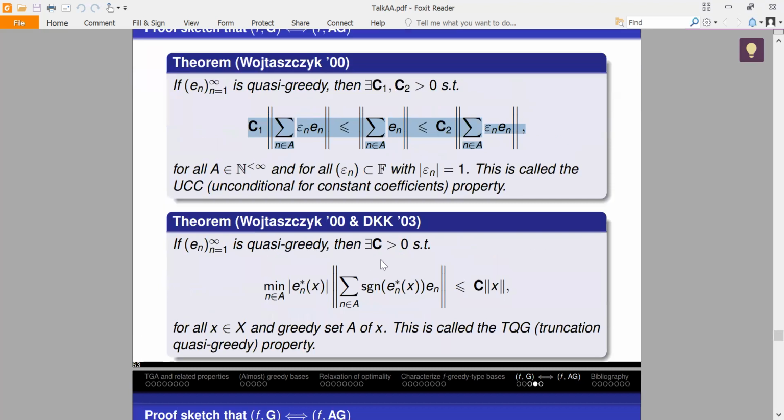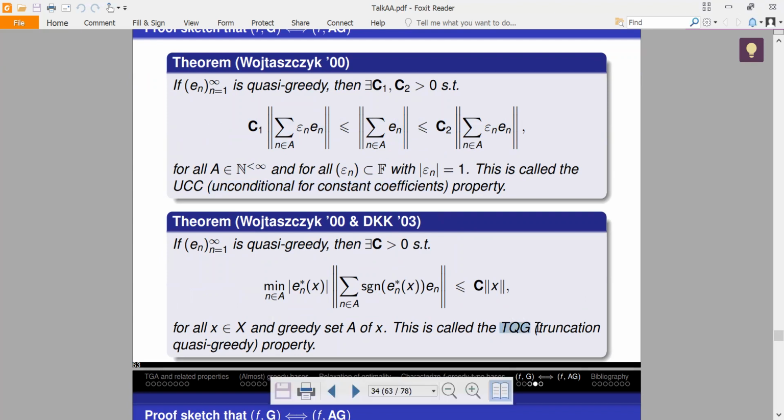Then another result also due to Gutasik, and I would say also due to DKK in 2003. I should mention that this inequality here is called the UCC, or the unconditional for constant coefficients property. Now we come to another property, which is the TQG, or truncation quasi-greedy property.